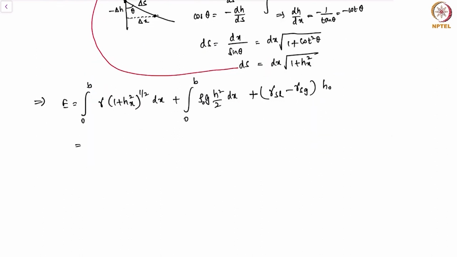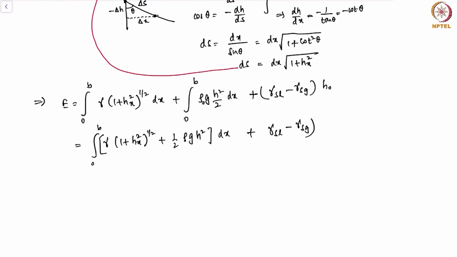So we can now combine this into one single integral, 0 to b gamma of 1 plus hx square whole power half plus half rho g h square dx plus gamma SL minus gamma SG of H naught.